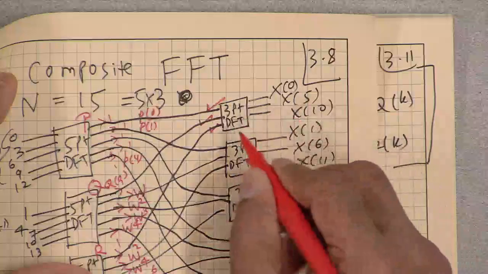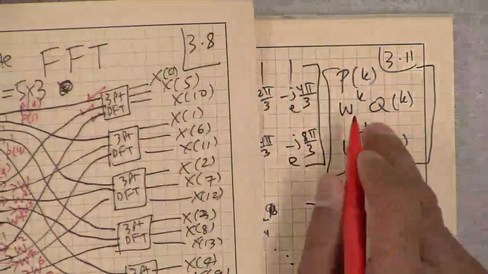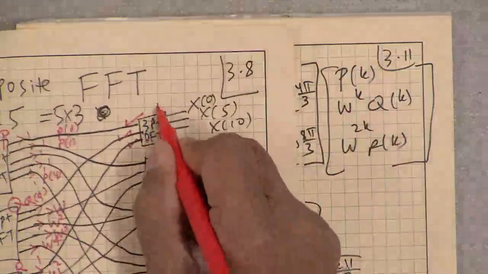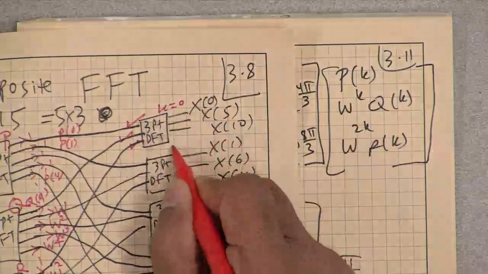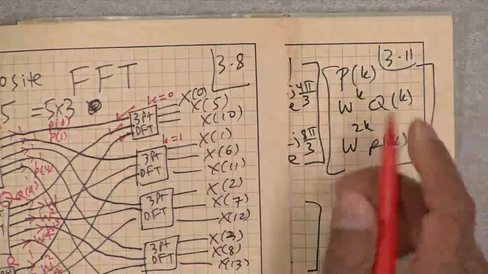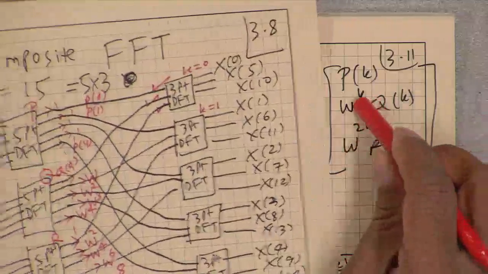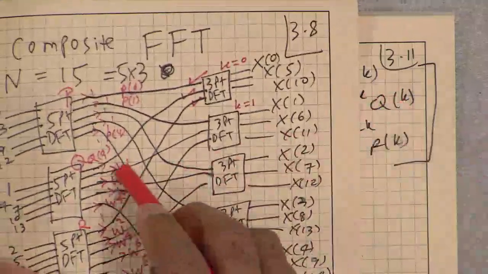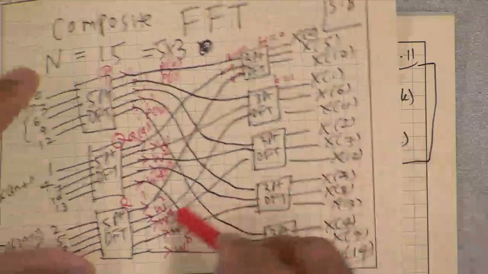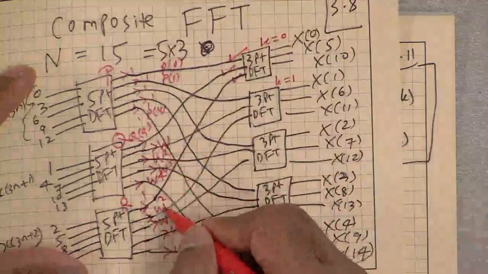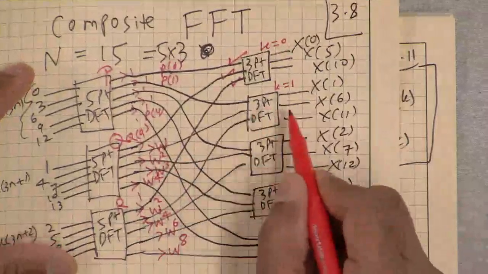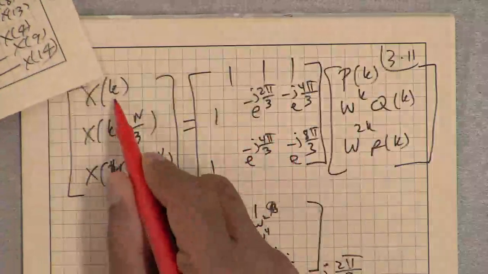Okay, so if I substitute k equal to 0, then that's what we get here. If I take k equal to 1, the twiddle has to be W to power 1 for Q, that's W, and W to power 2 for R. So these twiddles come here, 3-point DFT, we get X1, X6, X11.